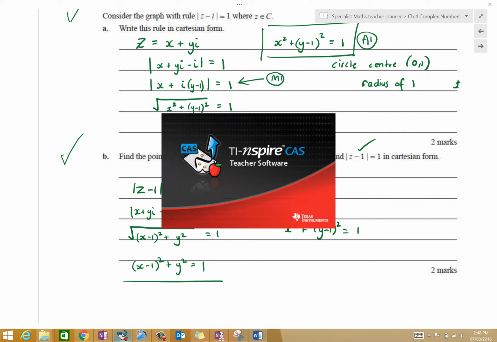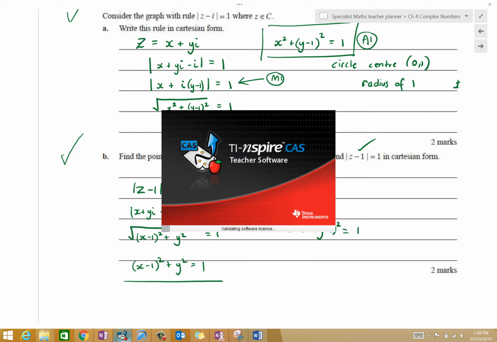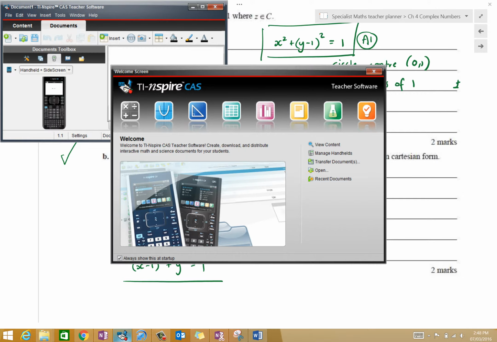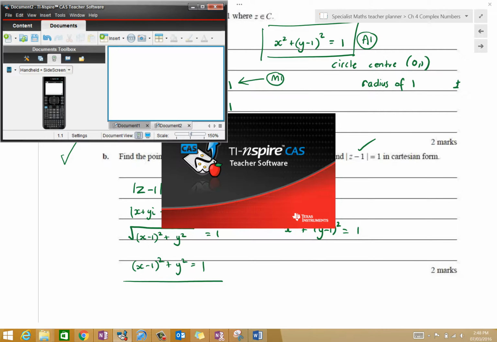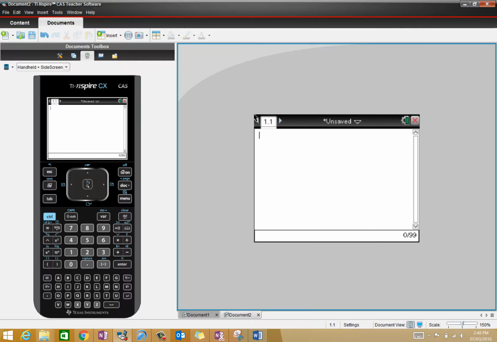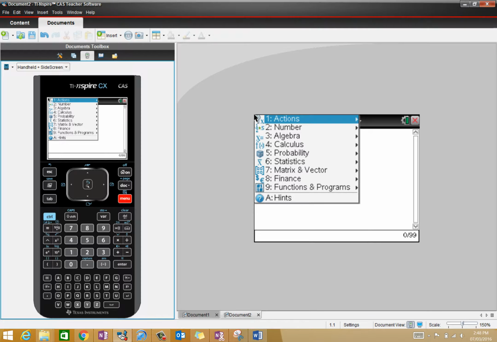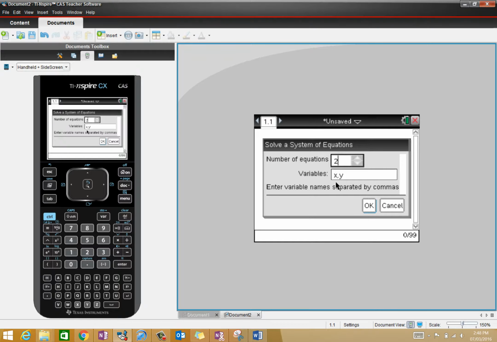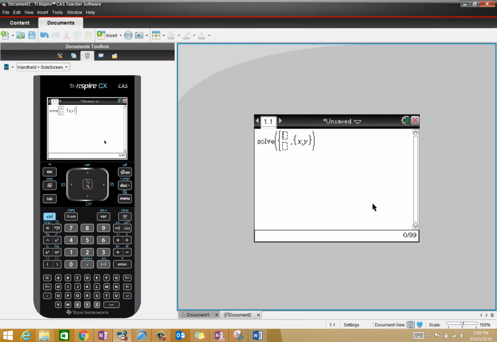Well, I would just go ahead and use my CAS because it's an exam 2 question. I could, if you like, solve a set of equations. Menu, algebra, solve system of equations. Yep, we've got x and y, like so, and I can put that in.